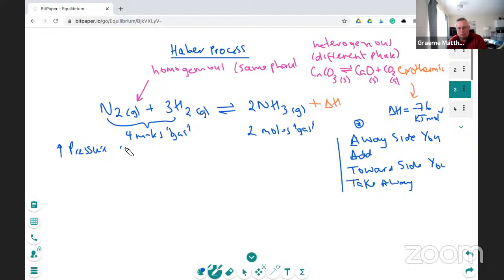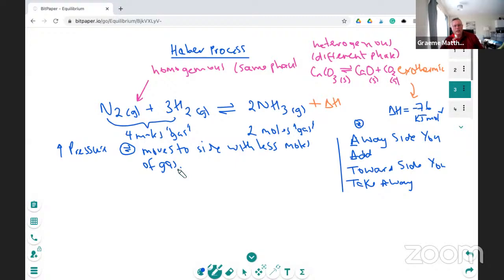So my equilibrium position, here's my little symbol, moves to the side with fewer moles of gas, in order to remove the disturbance to the equilibrium and reduce the stress, okay?